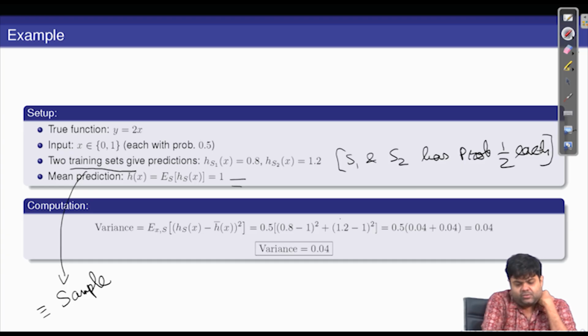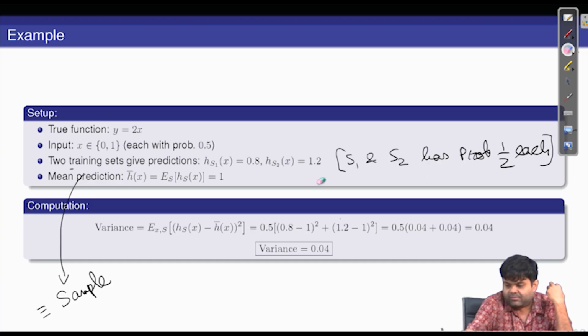So the expected value, the mean prediction for every x, will be 0.8 times half plus 1.2 times half, so it will be 2 times half, which is 1.